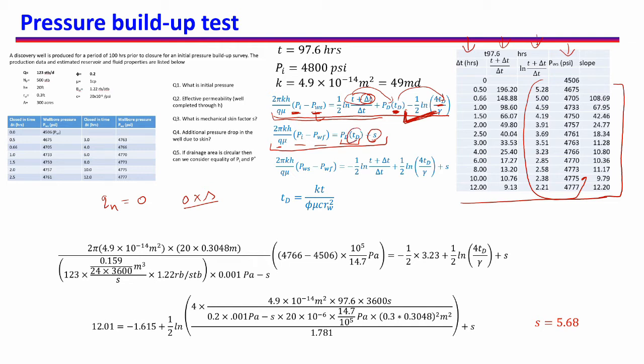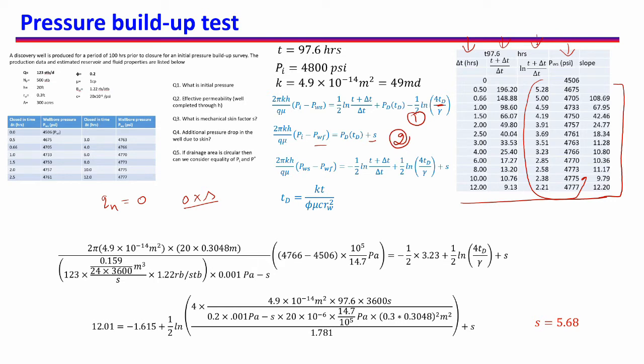Now this TD and this TD are of the same time. If that is the case, can we combine these two equations? Let me clear this out a bit. So now the question is, can we combine equation 1 and equation 2?